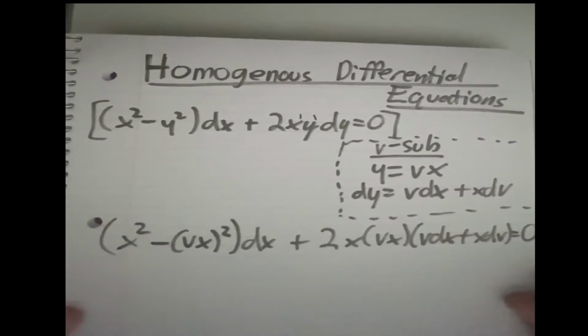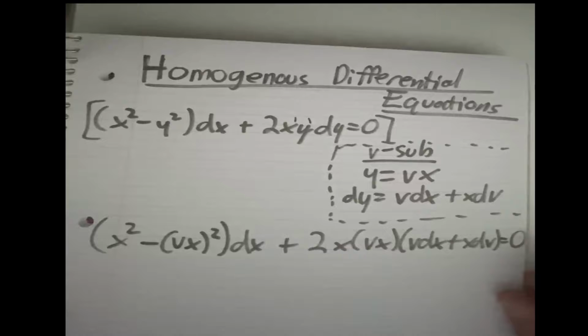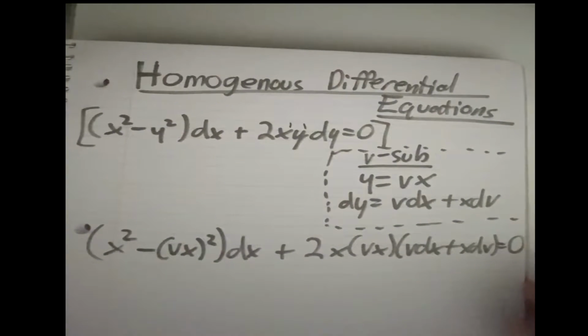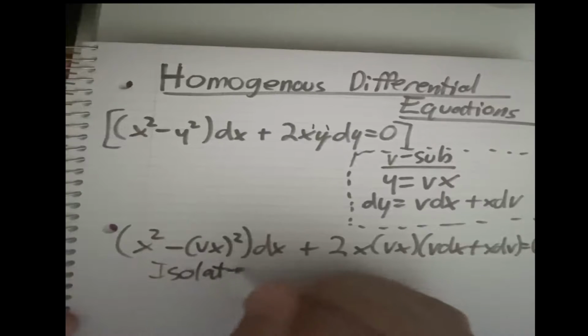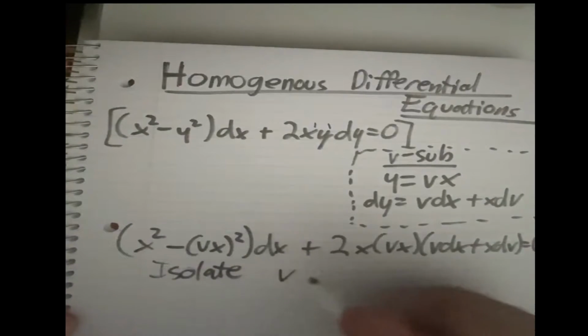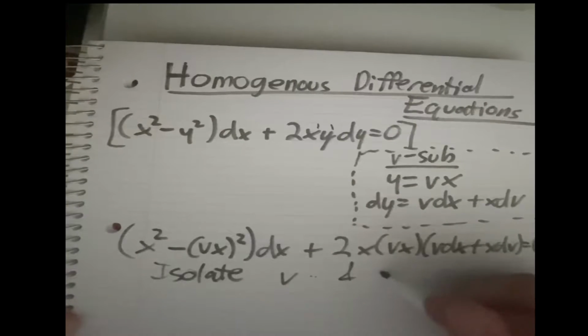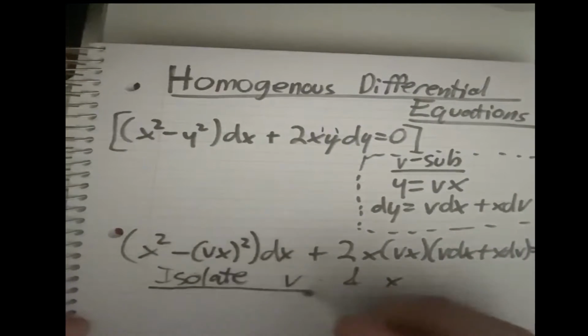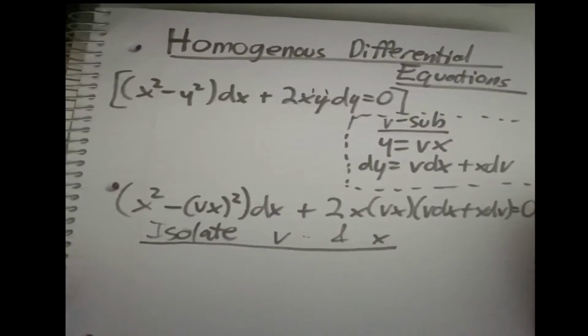So the next step would be to simplify this as much as we can, and we're trying to isolate v with dv and x. We do this by applying a lot of algebra.